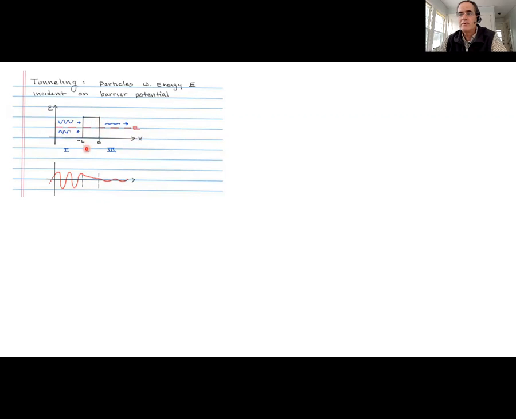In region 2, we'll see we have exponentially damped waves, but then in region 3, we have the possibility of a right moving wave. By the way, there's not going to be a left moving wave in region 3, simply because we're not setting the problem up that way. In our problem, the incident wave only comes from the left, not from the right.